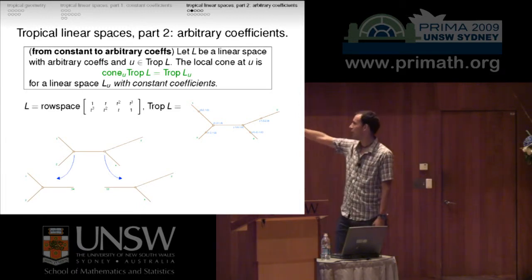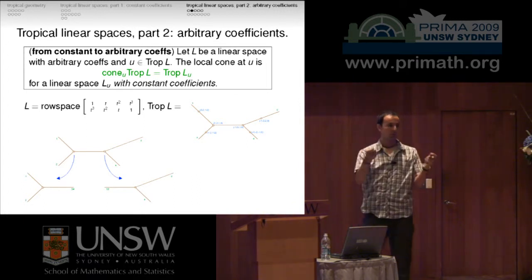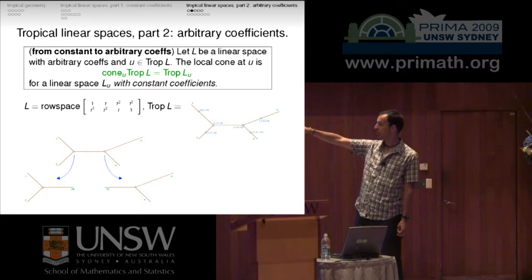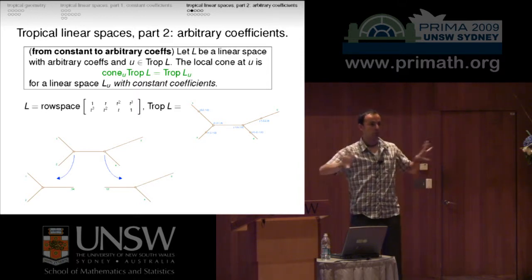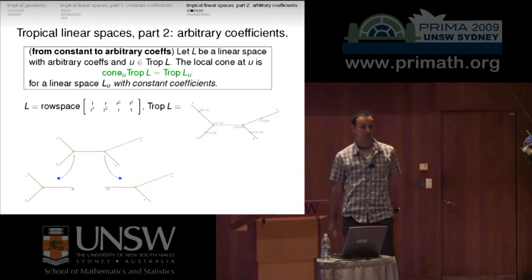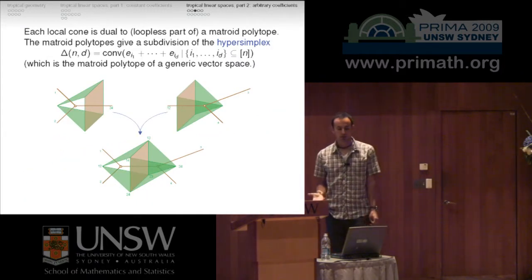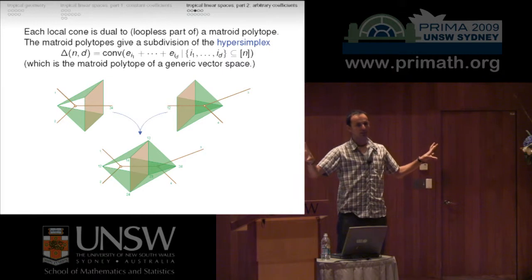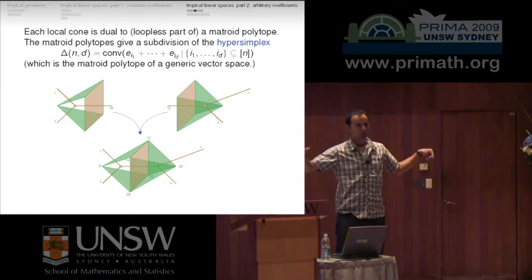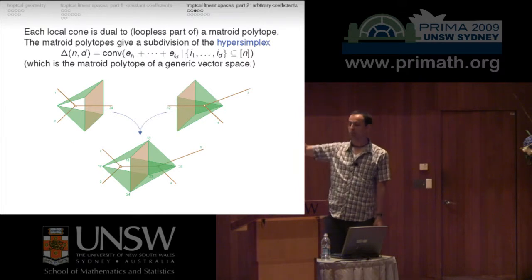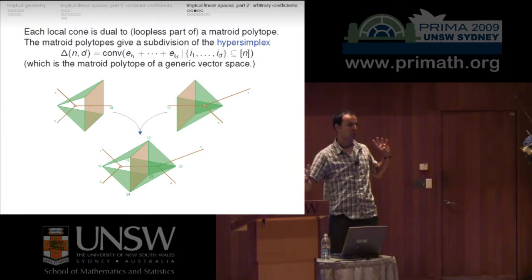For example, here, if I look at the two vertices of my tropical linear space, then I split it up into two simpler tropical linear spaces. Now, by what I said a second ago, each one of these simpler tropical linear spaces is dual to a matroid polytope. So I have my matroid polytope on the right and my matroid polytope on the left.